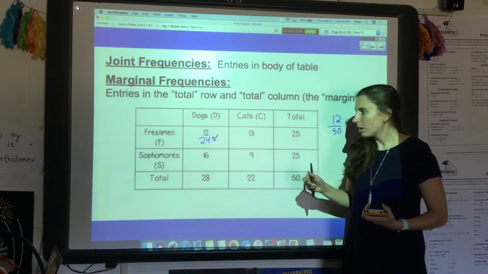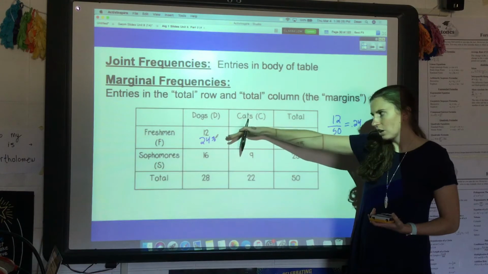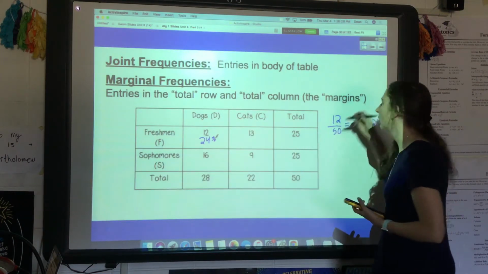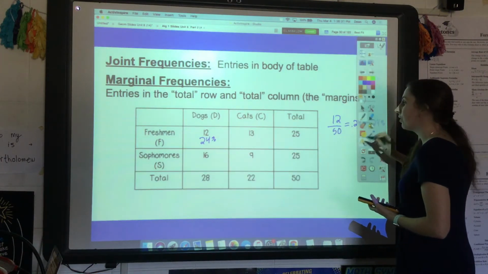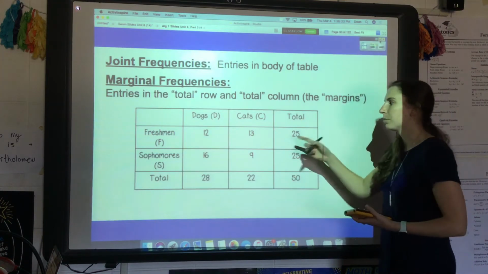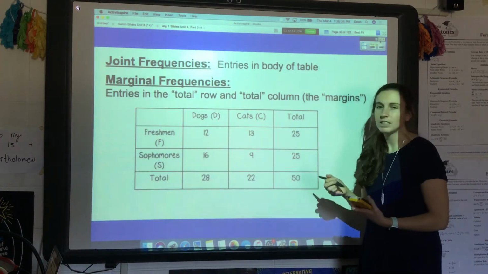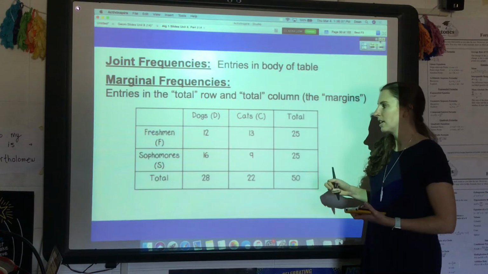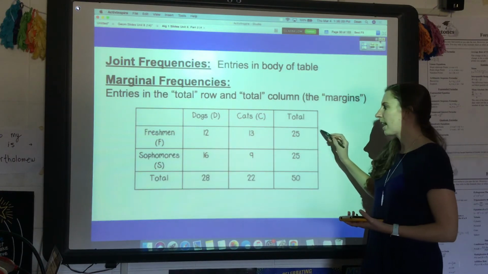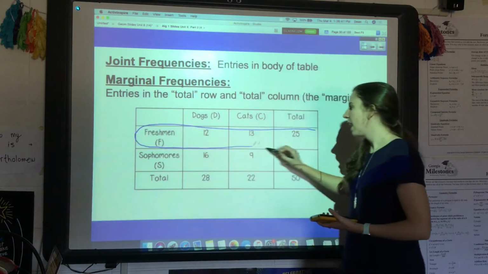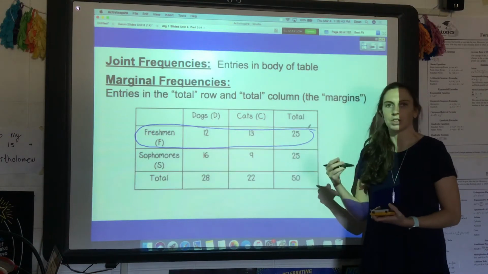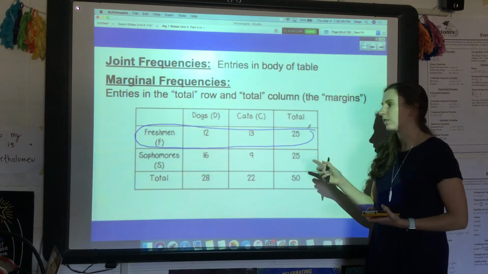But what if I want to break it down, break down the freshmen and break down the sophomores? Out of the freshmen, how many preferred dogs? That's a different question than what I just asked. I'm saying if I just look at the freshmen, how many of them prefer dogs? In that case, we're not going to divide it by the 50.